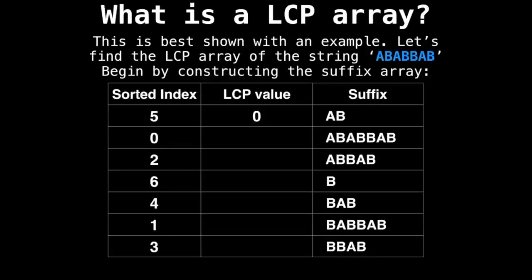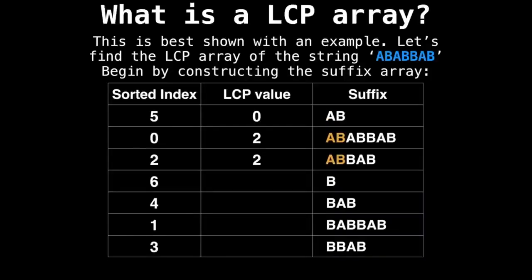To begin constructing our LCP array, let's begin by looking at the first two suffixes and seeing how many characters they have in common with each other. We notice that this is 2, so we place 2 in the first index of our LCP array. Now we move on to the next two suffixes. Notice that they also have an LCP value of 2.